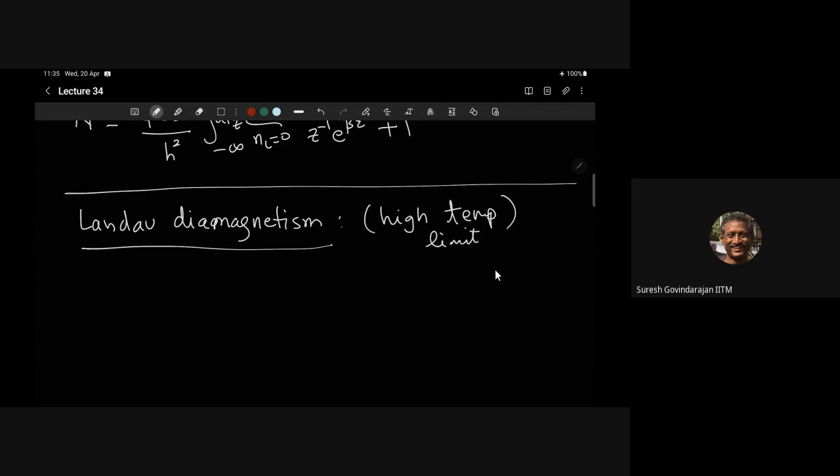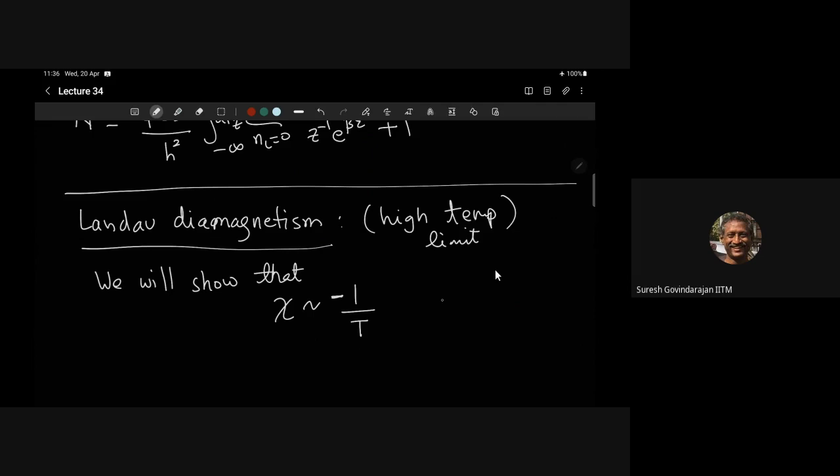And what is it we know at high temperatures? What we will see is that chi goes as 1 by the temperature, that's a constant, and crucially, that's a minus sign.